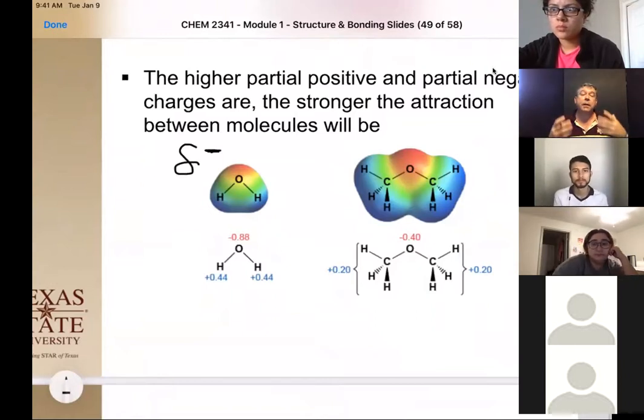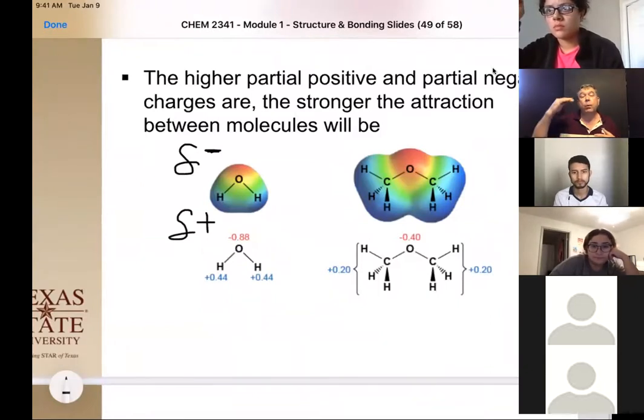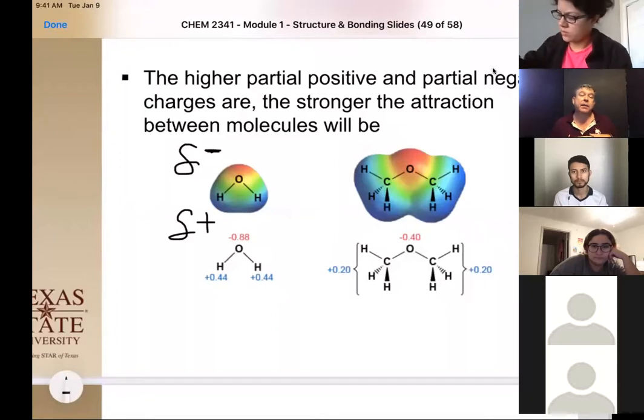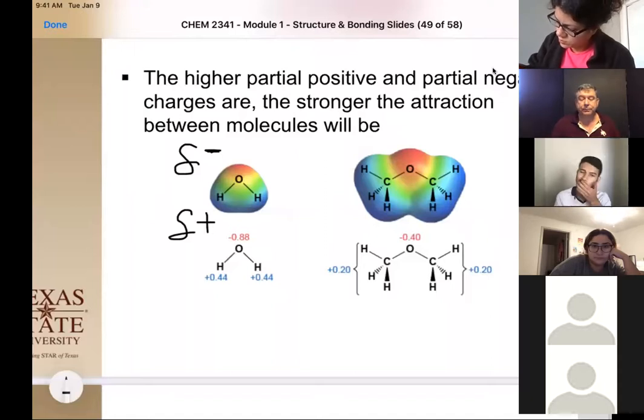It just has some more electron density on that side of the molecule than the other. And the other side of the molecule has a more positive character, and so we call that partially positive. Okay, so if one side of the molecule is partially negative and the other side is partially positive, it is a polar molecule and therefore can do bonding.